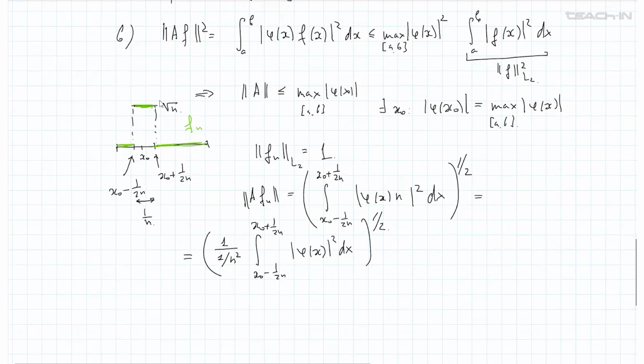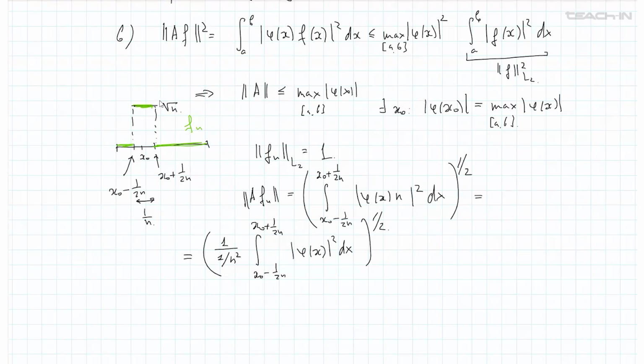It is just the integral in these limits, because f_n is the indicator function, but with a value not one but square root of n. And by the mean value theorem, this is equal, the length of the interval is 1 over n, and we divide by it.